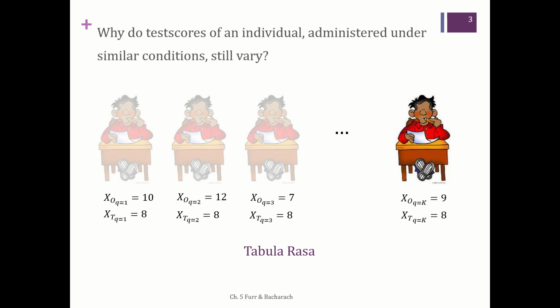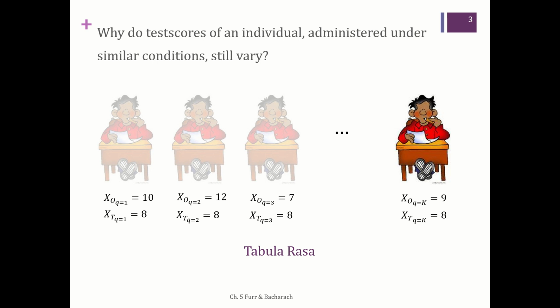Now, as I mentioned, this video was going to be about reliability. And reliability basically asks the question, if I give the same test 50 times, 100 times, a million times, over and over again to one individual, how similar are the observed scores I get?